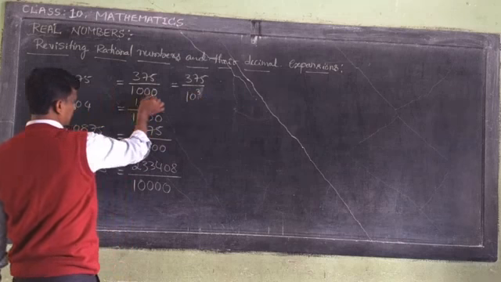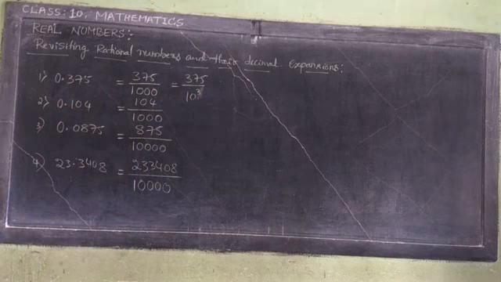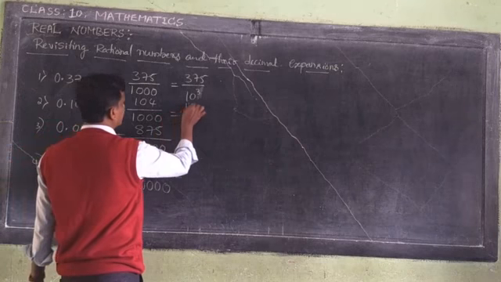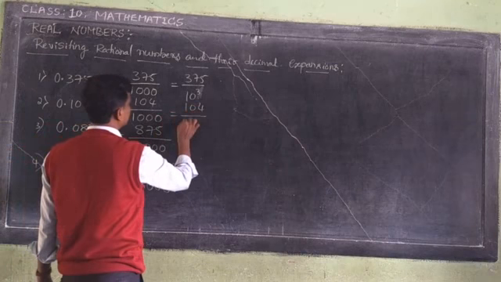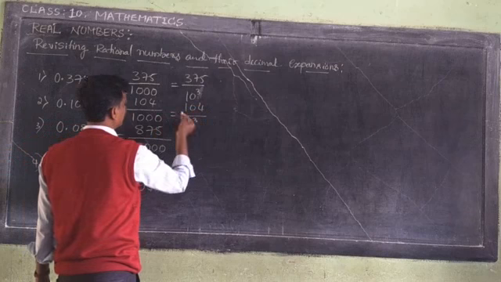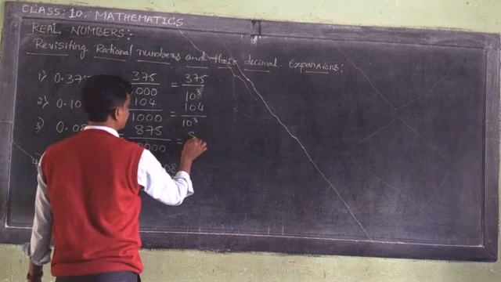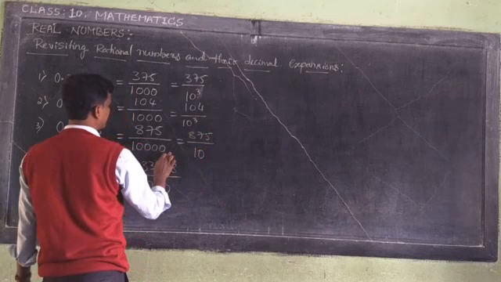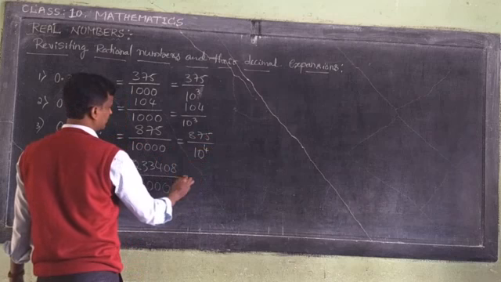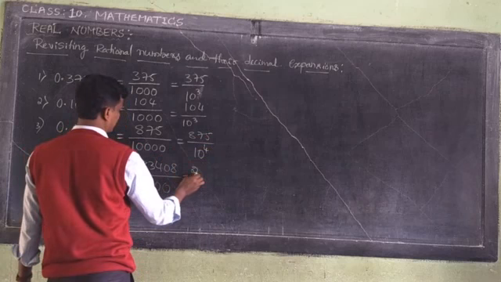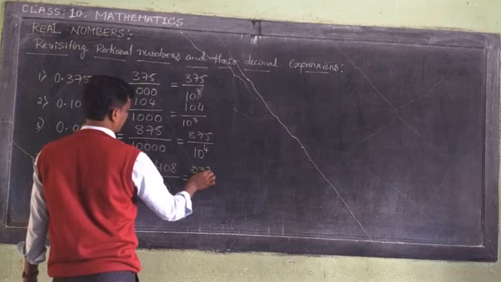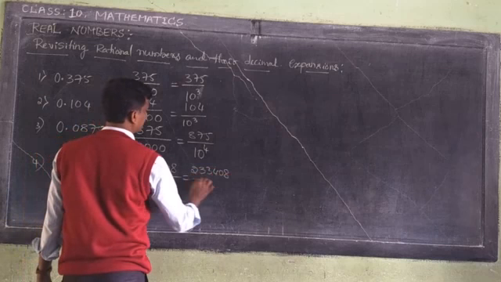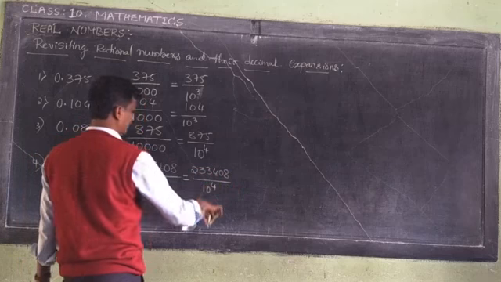Here also 104 divided by 10 to the power of 3, 875 divided by 10 to the power of 4, and 233408 divided by 10 to the power of 4.